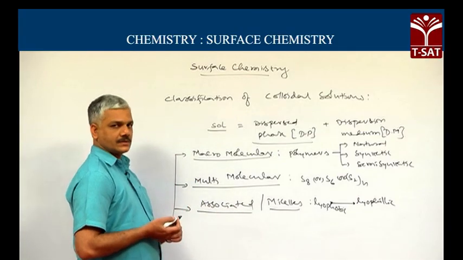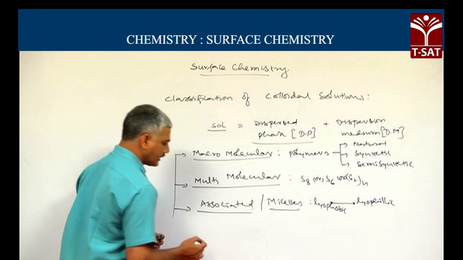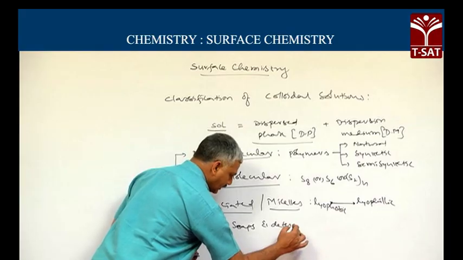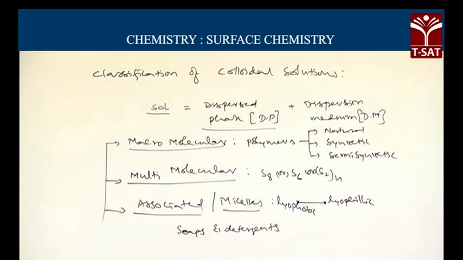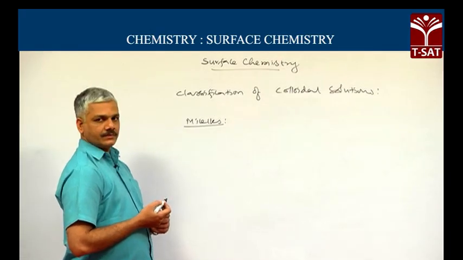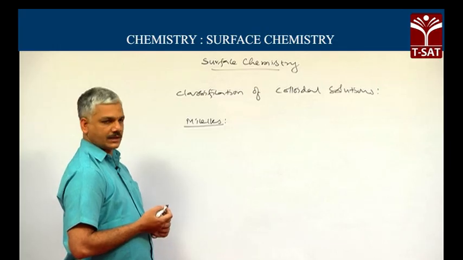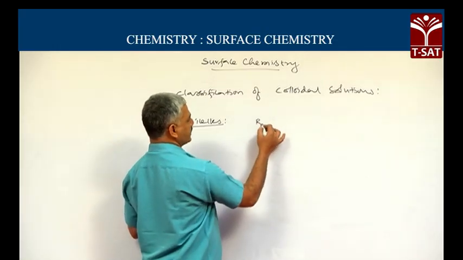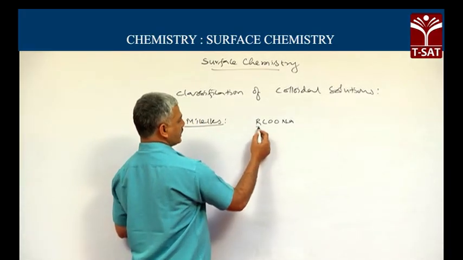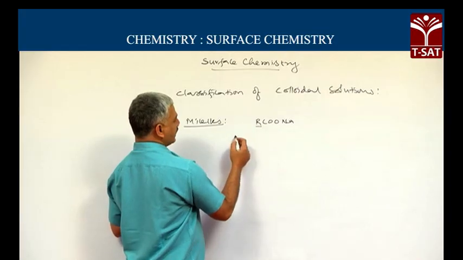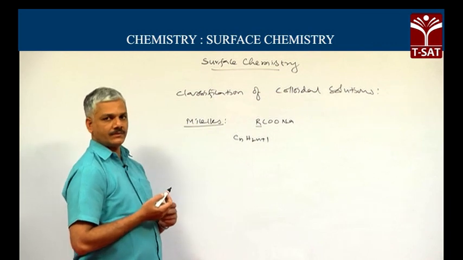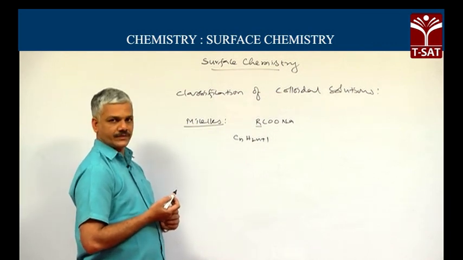Best examples for associated colloids or micelles are soaps and detergents. Soap is chemically the sodium or potassium salt of a fatty acid, which can be represented with the general formula RCOONa, where R stands for an alkyl group and generally it will be represented with the general formula CnH2n+1.